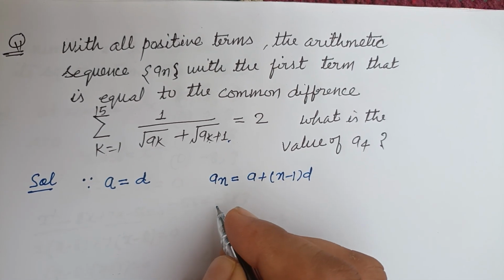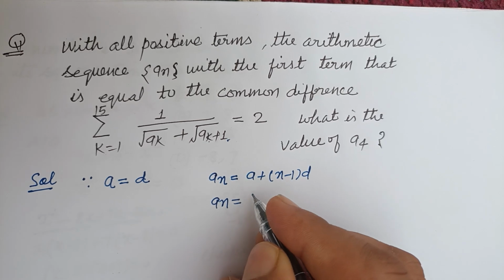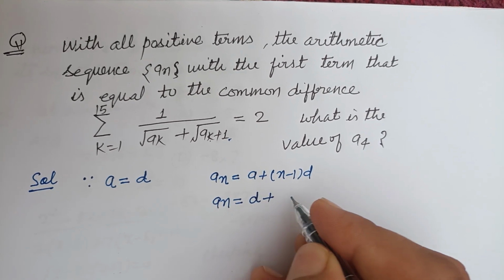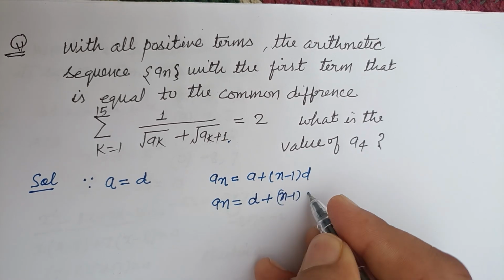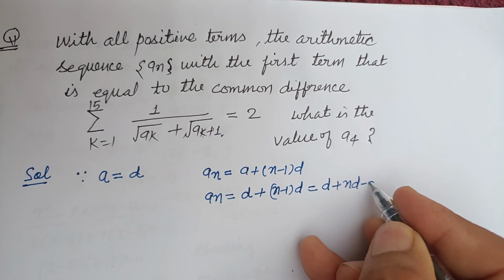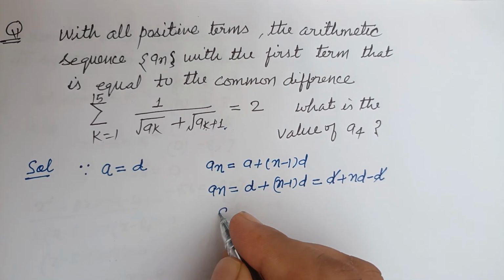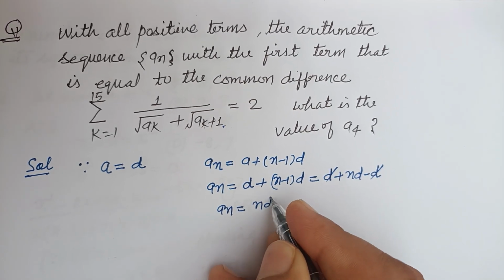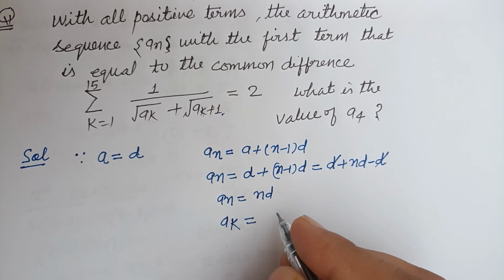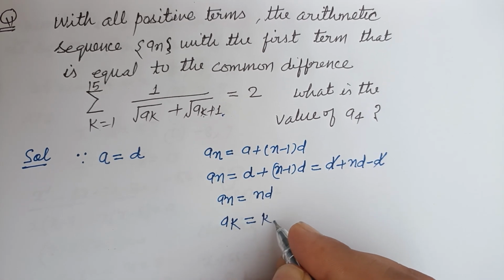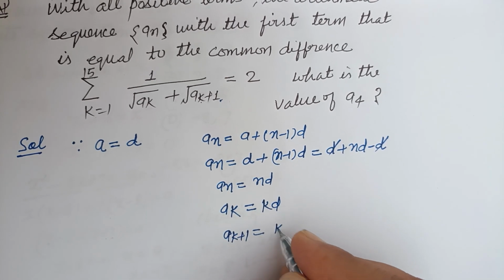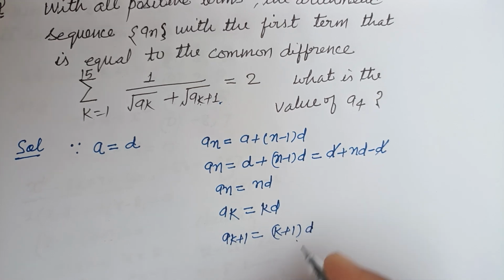So a equal to d, we put a equal to d, (n minus 1) into d, and this is d plus nd minus d. So d and d cancel, we got a_n equal to nd. If we put k in place of n, we got a_k equal to kd, and a_(k+1) equal to (k plus 1) into d.